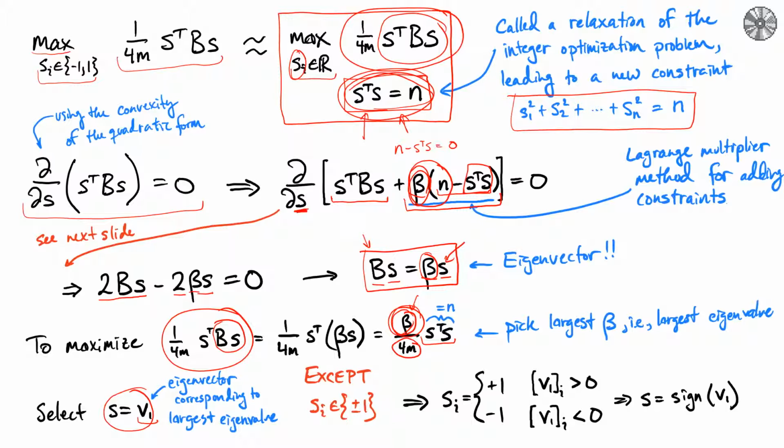And so what we essentially have to do now is project that back onto what we actually want, either class 1 or class 2. And so we say that if the element is greater than 0, then we bump it up to plus 1. And if that element is less than 0, then we give it the label minus 1.